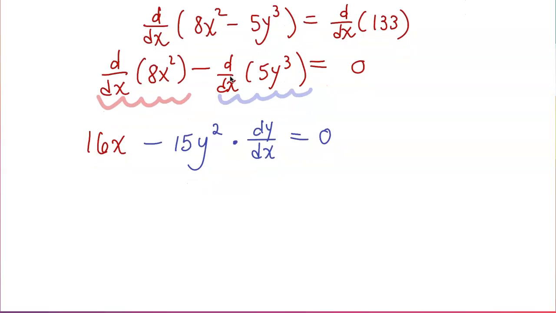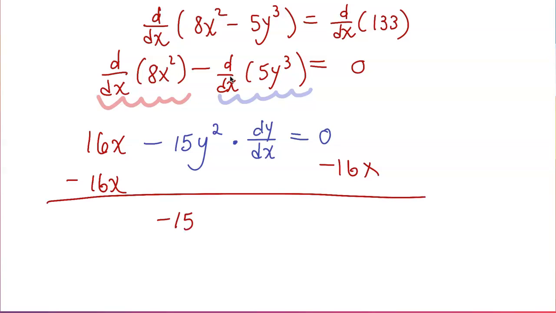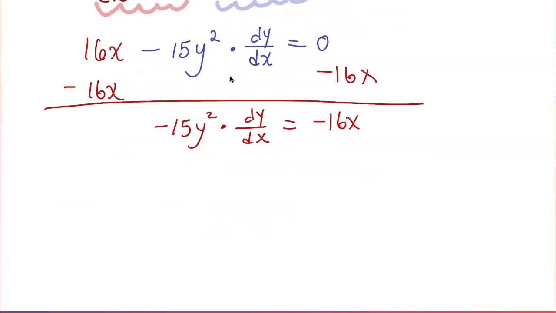Now I will subtract 16x from both sides. If I do that, I'll get negative 15y squared times dy/dx equals negative 16x. Last step is to divide both sides by negative 15y squared.